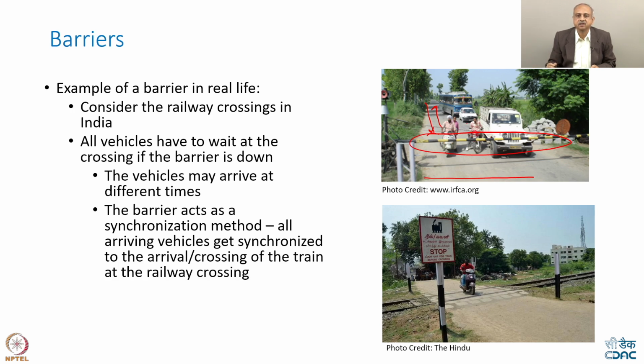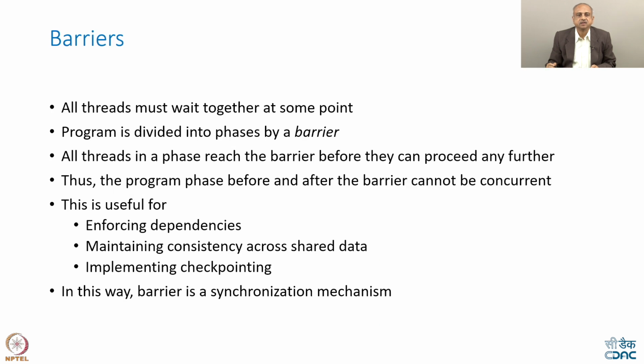So, as a result, the concept of barrier is it makes the threads wait till a certain event occurs. So, here is the application of that real life barrier to threads. All threads have to wait till they reach a certain point.